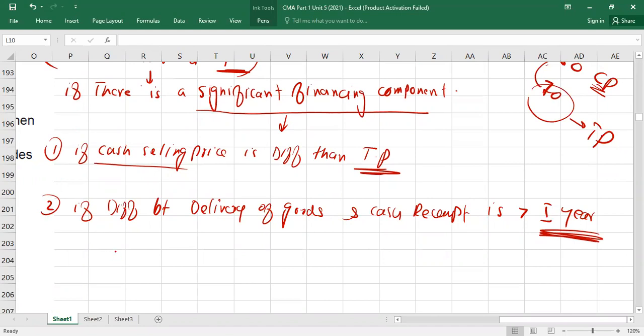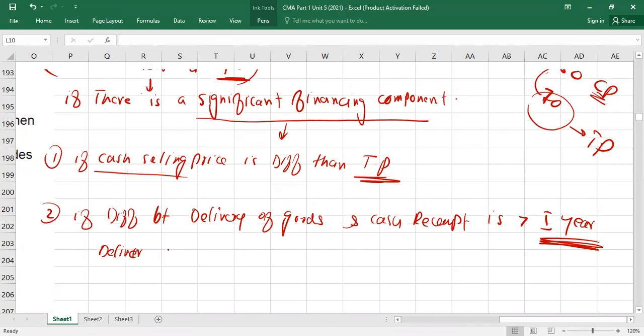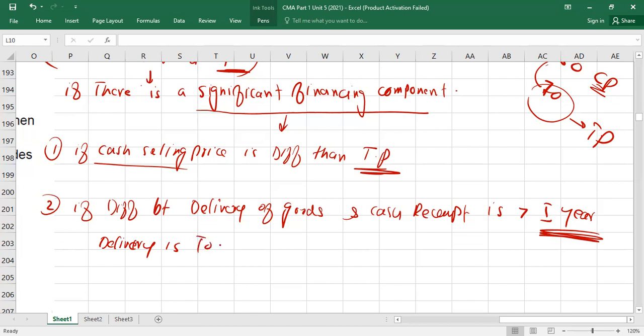For example, you are delivering an asset in advance. Delivery of goods is today, but the customer will make payments in the future, and the difference is more than a year, greater than 1 year.